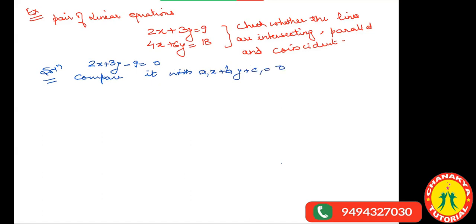So value of a1 will be 2, the coefficient of x. Now plus b1y, the coefficient of y is b1 and here it is 3, so value of b1 is 3. And plus c1, the constant term is c1 and here it is minus 9, so value of c1 will be minus 9. Clear?